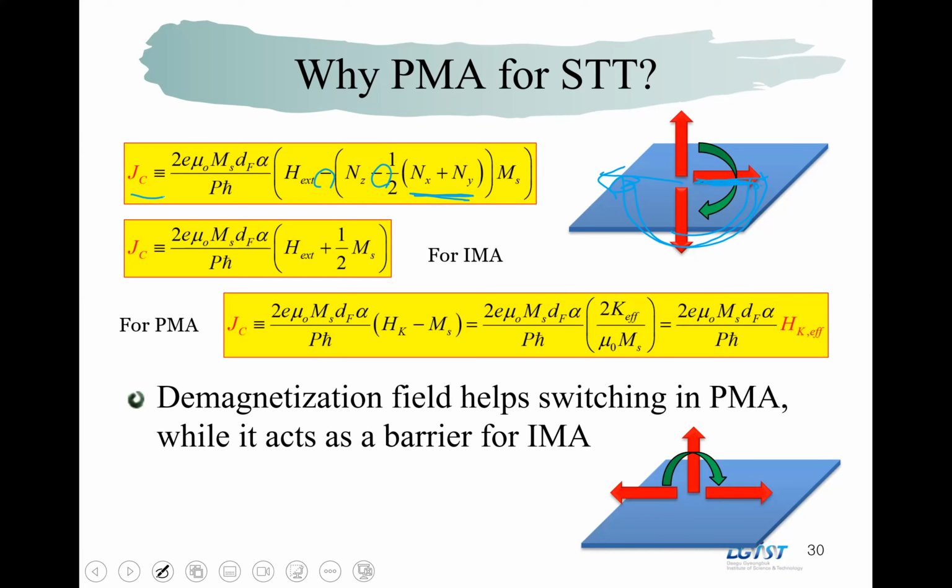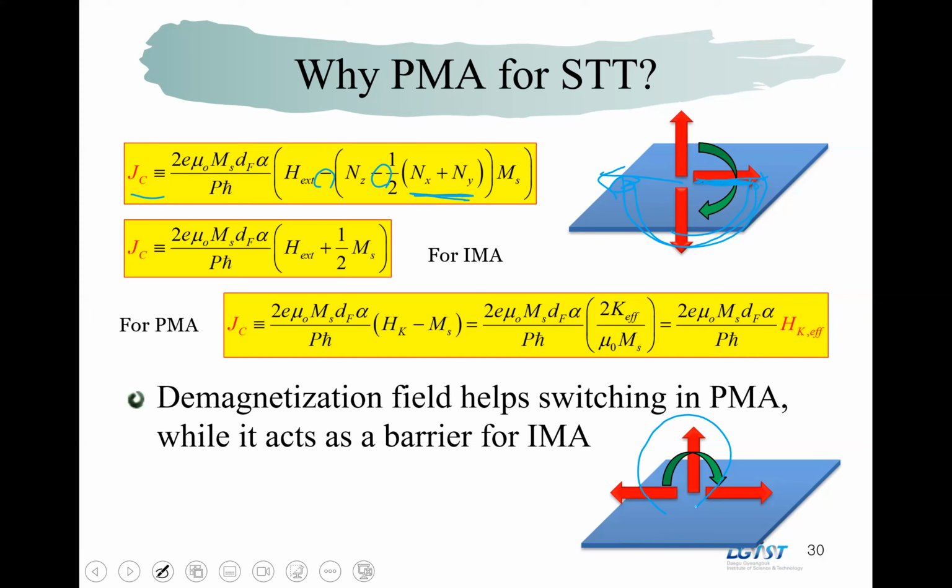But for the PMA case, from here to the downside, it also needs to pass through the in-plane. But in this case, the dynamic field is helpful to pull the magnetic moment into the in-plane. So for the IMA case, the dynamic field is against the STT motion, while the dynamic field is helpful for the STT motion in the PMA.